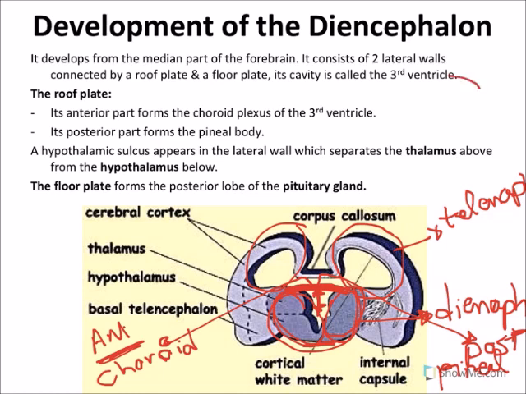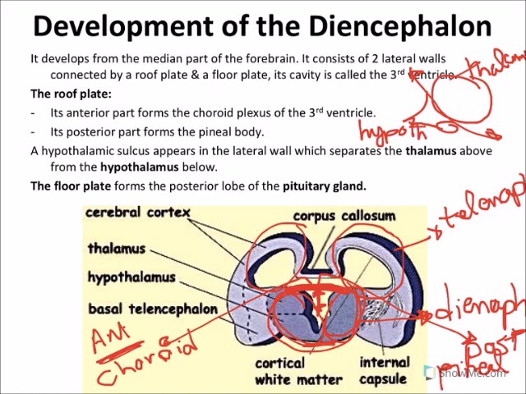This sulcus separates between the thalamus and the hypothalamus. This is the hypothalamic sulcus, which separates between the thalamus above and hypothalamus below. This hypothalamic sulcus will be developed between both, which separates the diencephalon into these 2 parts.